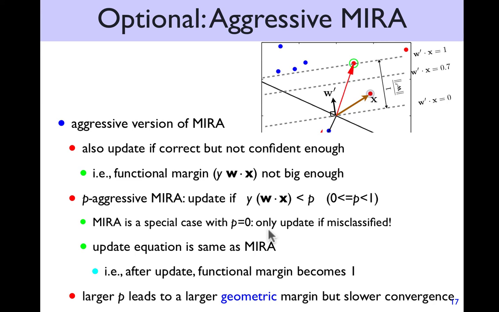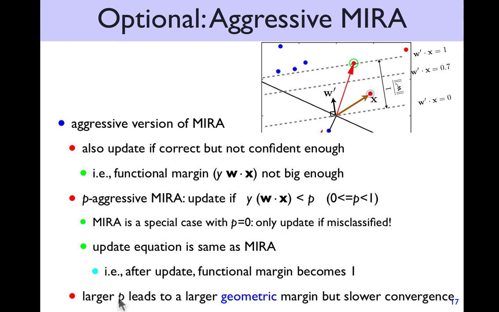And aggressive MIRA is even more like SVM. So there's a progression from perceptron to MIRA, which is in between perceptron and SVM, and aggressive MIRA is in between MIRA and SVM. So it's one step further towards SVM. And SVM can be viewed as aggressive MIRA where p is very, very close to 1.